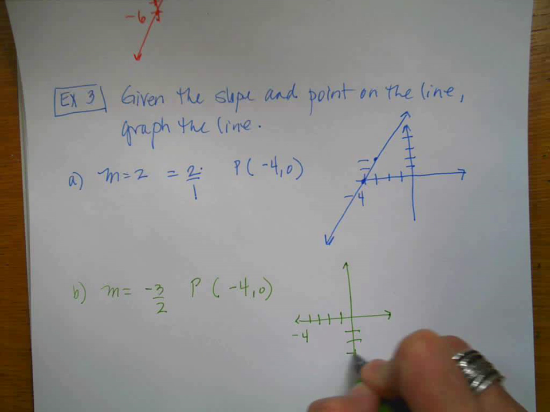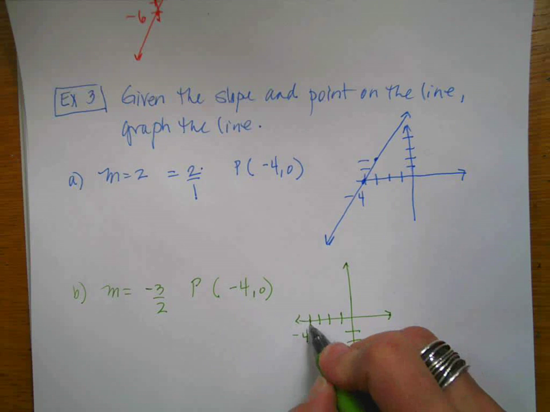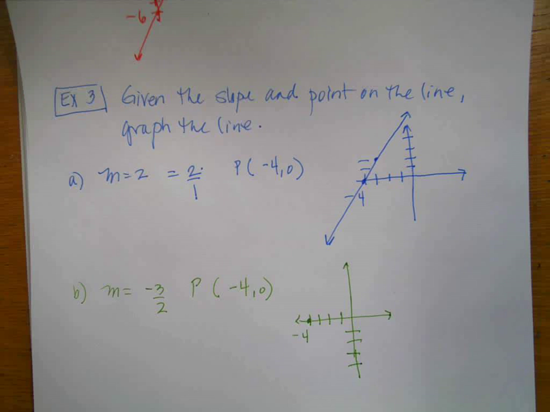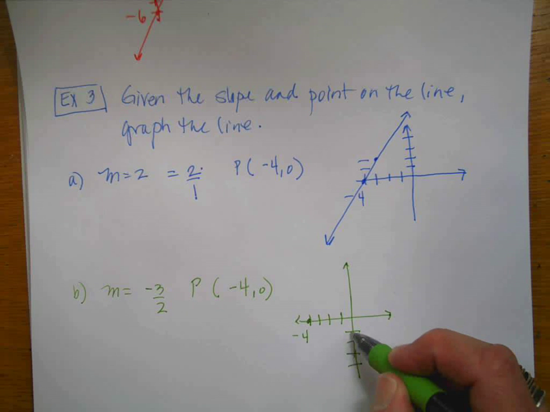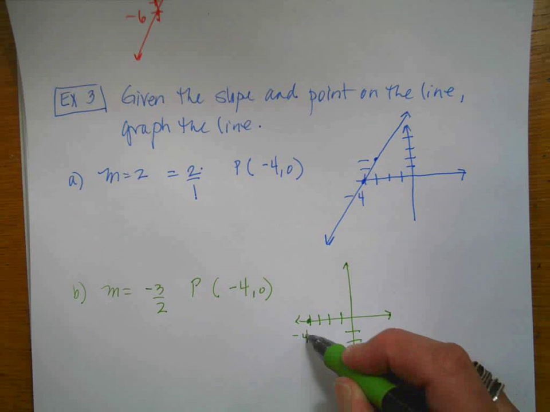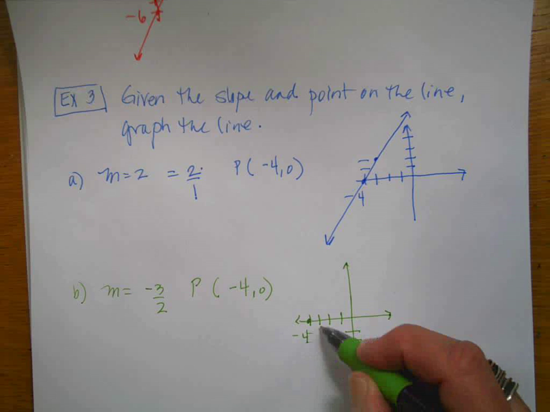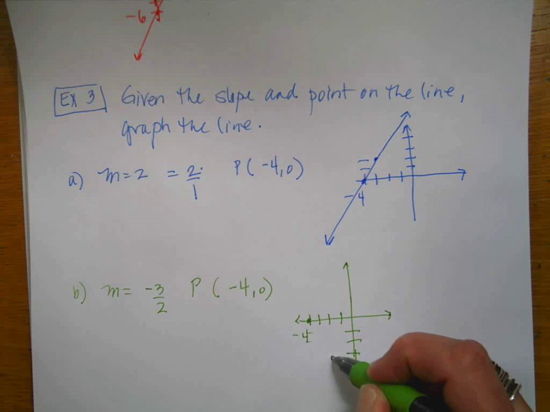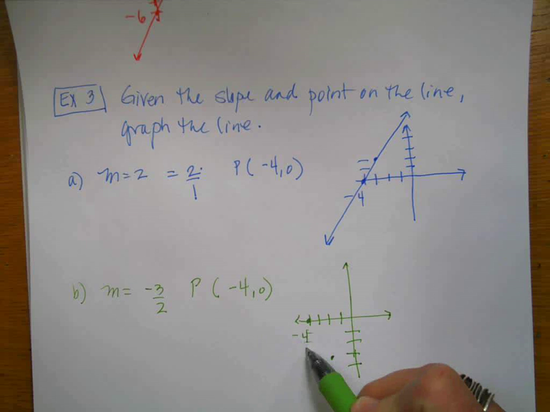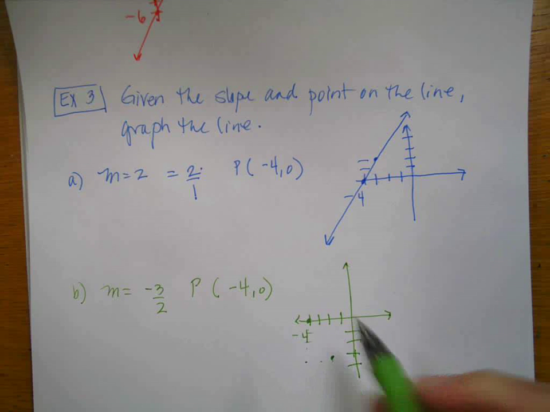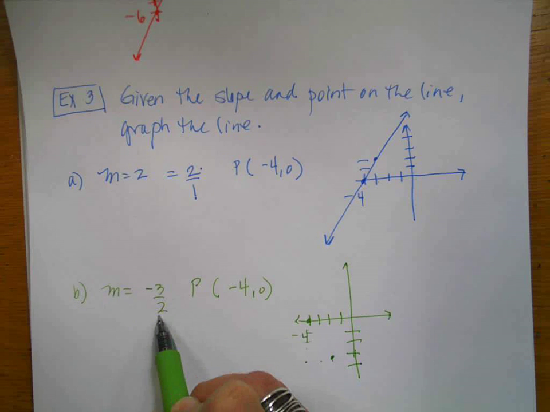And then I'm going to go down. So I'm going to draw some numbers down here. If I'm starting here at (-4, 0), I'm going to go down 1, 2, 3. So down 1, 2, 3, and right 2. So I'm going to go right here. Okay, so I went down 1, 2, 3, and right 2.